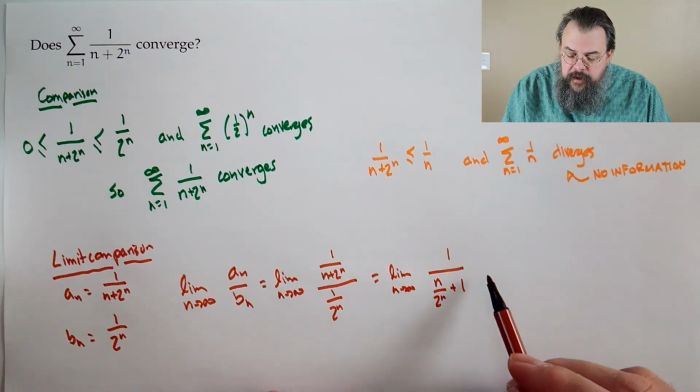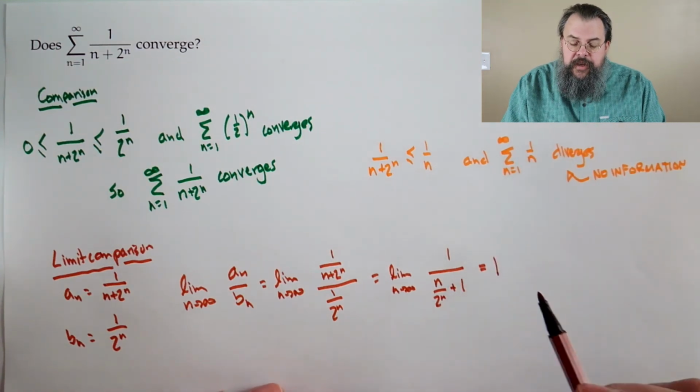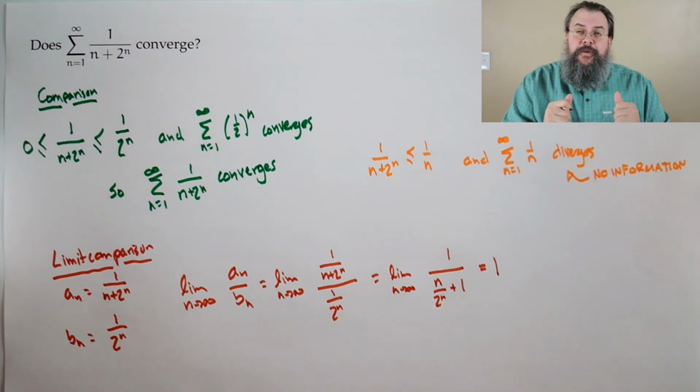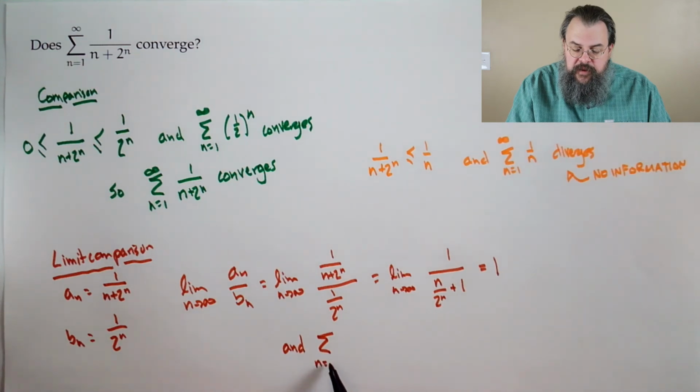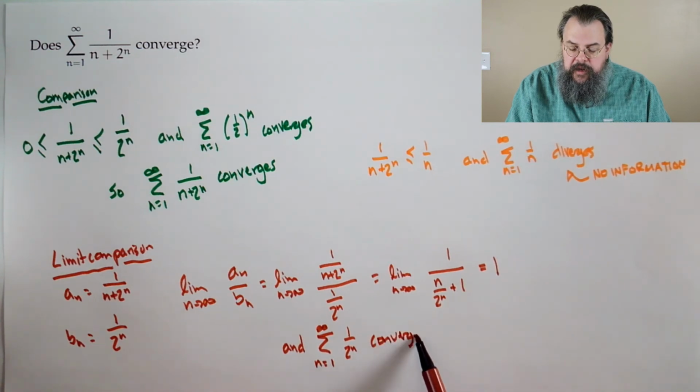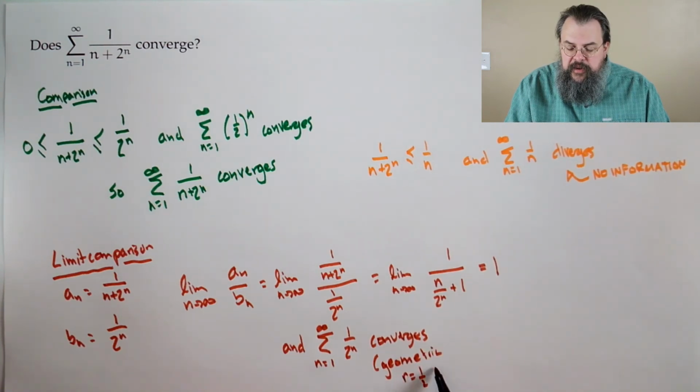And now that goes to 1, which means that they're tied together. Whatever one does, the other does. And since you've tied them together, what does the other one do? It converges, and we have to say why. It's a geometric series, and r, which is a half, is less than 1.